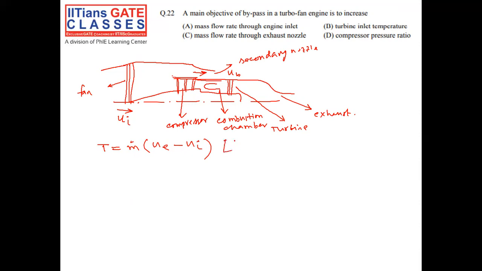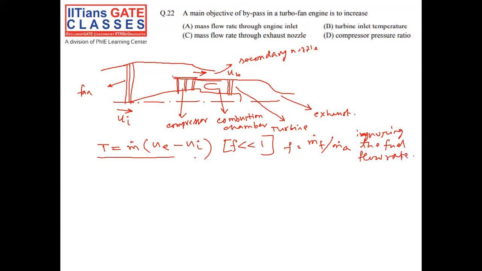If f is less than 1, f is mf dot by ma dot. So basically ignoring the fuel flow rate, this is the expression of thrust in a gas turbine engine.